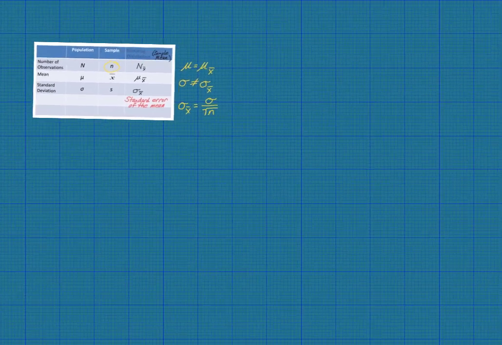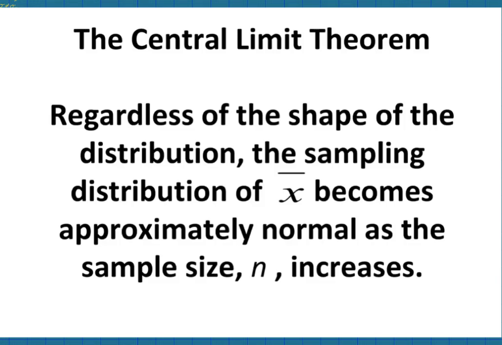By observing all of these things, you were observing what is known as the central limit theorem. Regardless of the shape of the distribution, the sampling distribution of the mean becomes approximately normal as the sample size n increases.